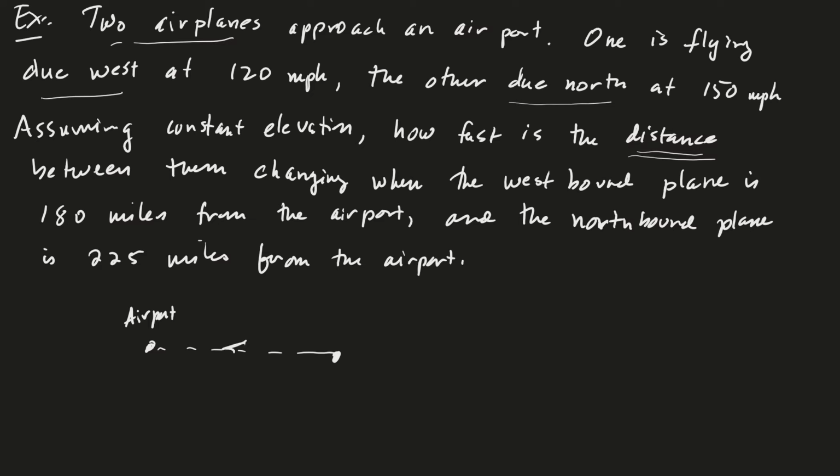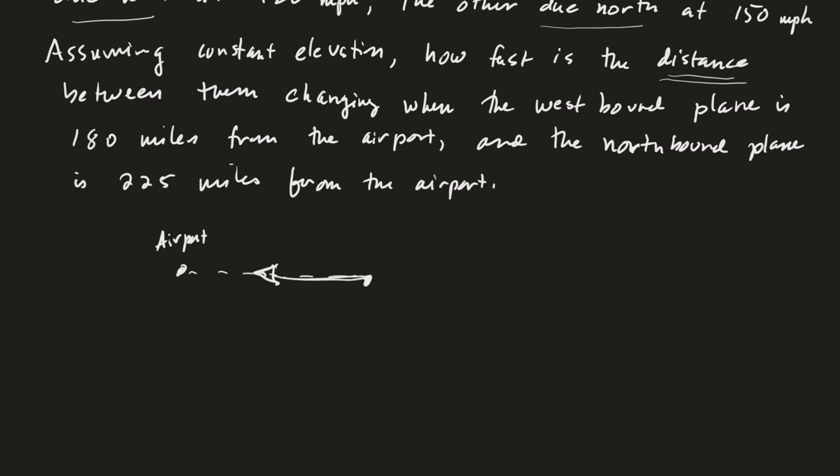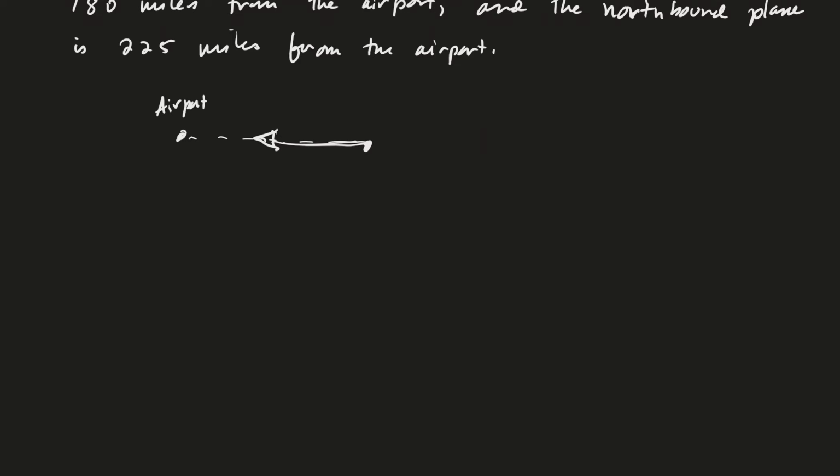And then the other plane will be down here, and it's flying north. What you might be seeing here is already a triangle between them, right? A right triangle.